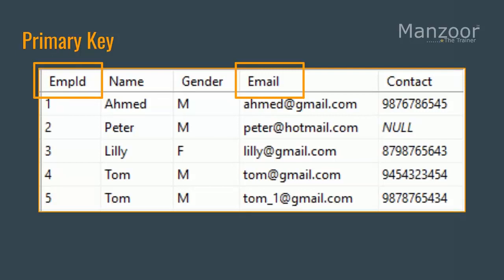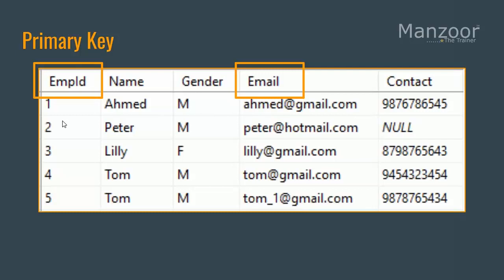So what is a primary key? A primary key is an attribute or a column using which I can identify a row uniquely. Now there are 2 things that you need to remember about primary key. Can I have 2 employees with the same employee ID? Is it possible in an organization? No. So my primary key value should not repeat. I cannot have duplicate values in my primary key. That is the first rule.